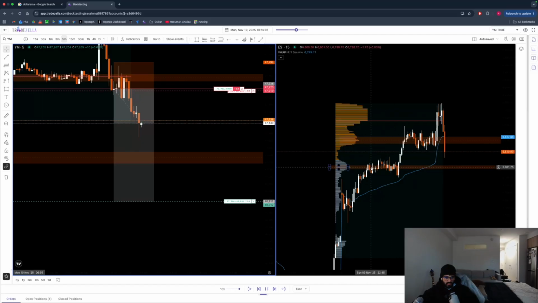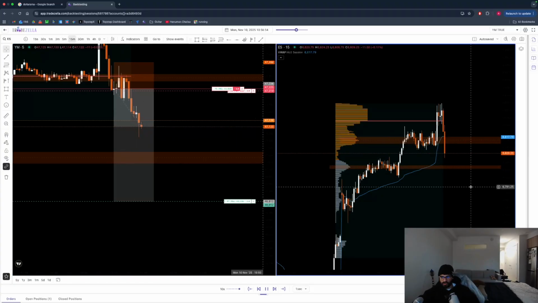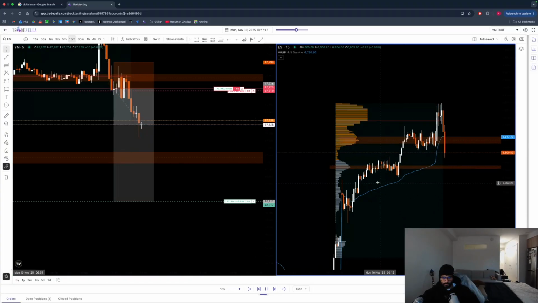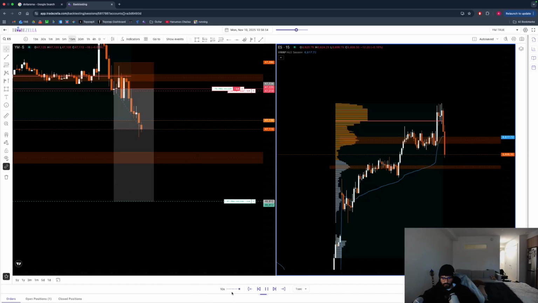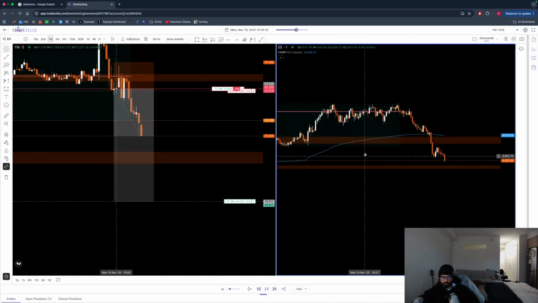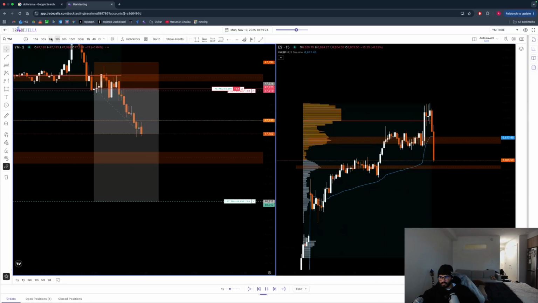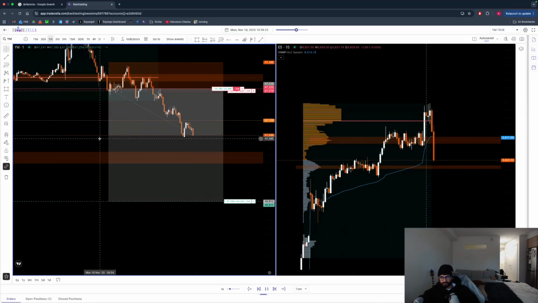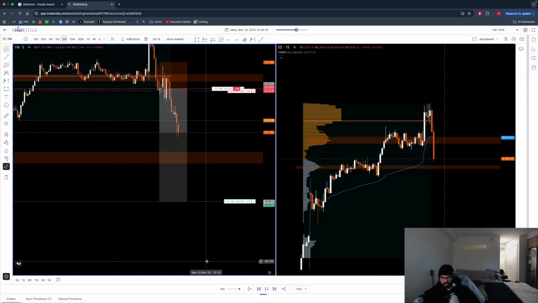I think ES should play till 6800s, especially this VWAP rejection. Very strong 15-minute bearish candle. Yes. Yes. And on this, yes. I'm comfortable letting this run. Letting this run.